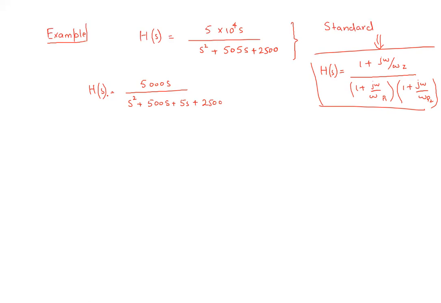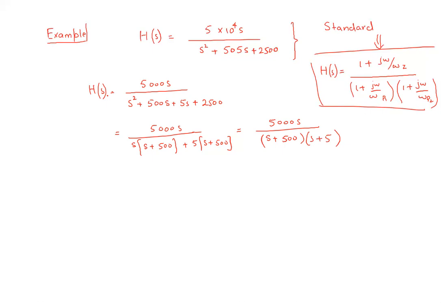Taking common from the first, it would be s plus 500, and from the second, 5 common, s plus 500. This means we can write this as 5000s divided by s plus 500 multiplied by s plus 5. This is what we normally write in mathematics.